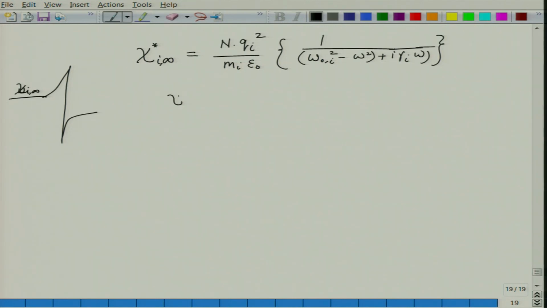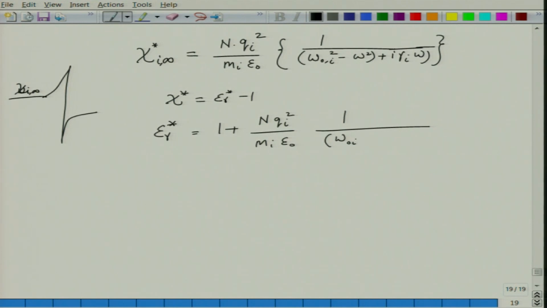We know that chi was equal to epsilon r star minus 1. So epsilon r star will be equal to 1 plus n into Qi square divided by mi into 1 over omega naught I square minus omega square plus I gamma I omega.